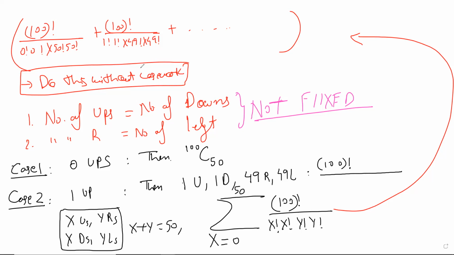Okay. So let me now do an easier question. Suppose now you're starting from 0, 0. And again, now you have two moves. You have this and you have up.